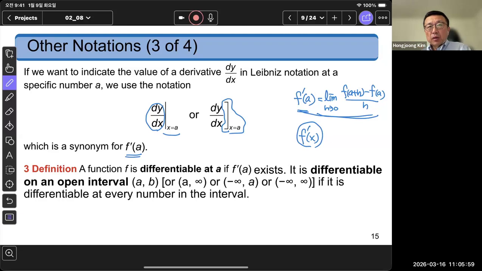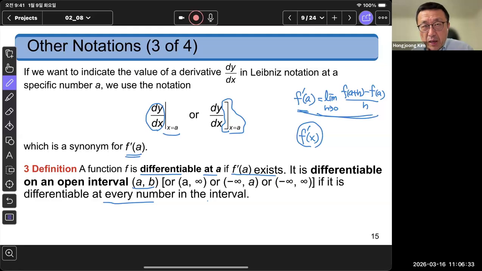Now, we say f is differentiable at point a if f prime of a exists. Okay? We say the function f is differentiable on some interval from a to b if it is differentiable at every number in that interval from a to b.